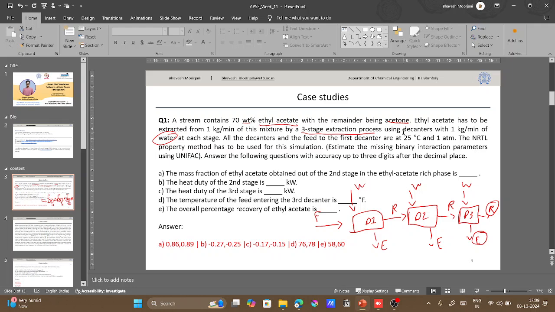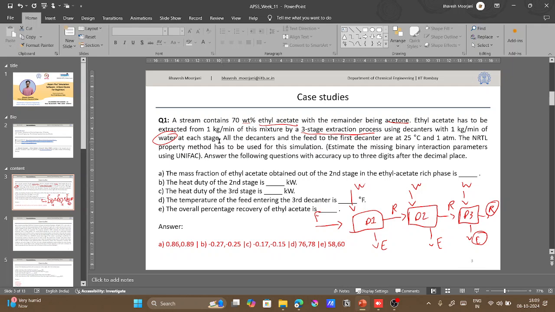So basically we want to see which component, either ethyl acetate or acetone, will have more affinity towards the water. Right now we are not sure, although it has been said that ethyl acetate has to be separated, but will it be part of my extract or my raffinate? I don't have an idea.